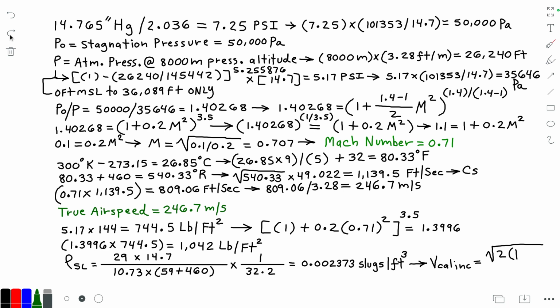And then lastly, we access the VCAL equation to compute calibrated indicated airspeed, and that is 2 times the stagnation pressure subtracting the atmospheric pressure at sea level. And then we have the pressure gradient based on the P sub O minus the P. So in this case, it would be the pressure gradient minus the atmospheric pressure in pounds per cubic foot.